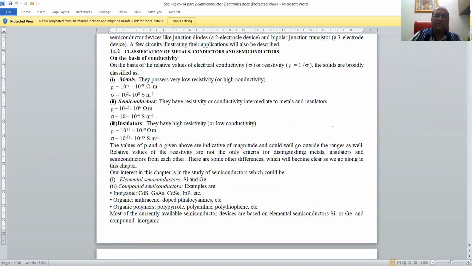Clear? These three types of semiconductors are there, but in this particular chapter we will concentrate our mind only on elemental semiconductors. We'll discuss only elemental semiconductors. Clear to all of you?